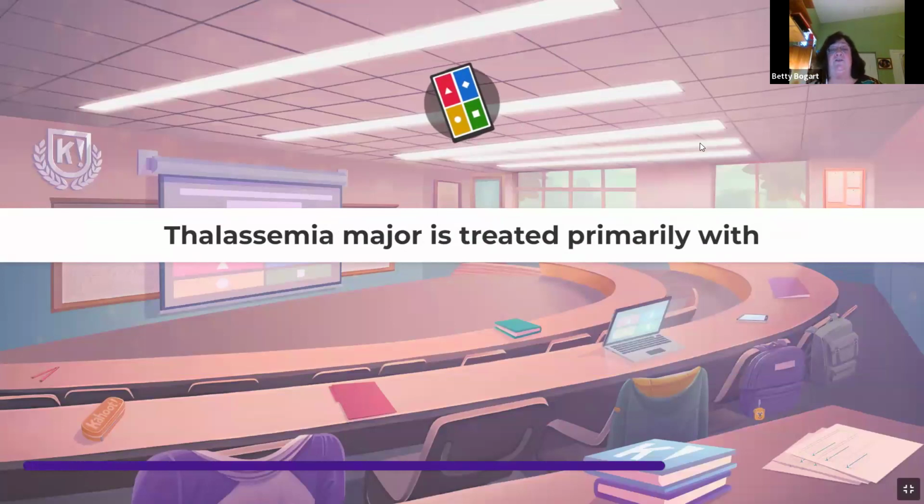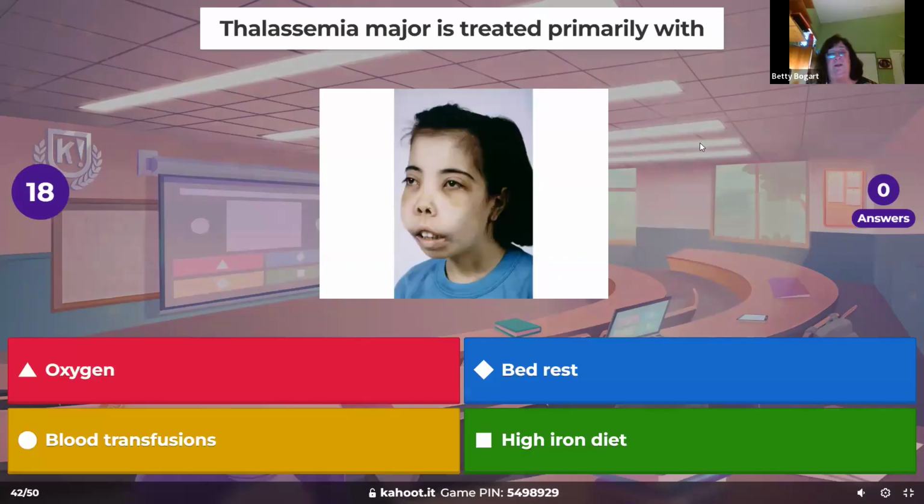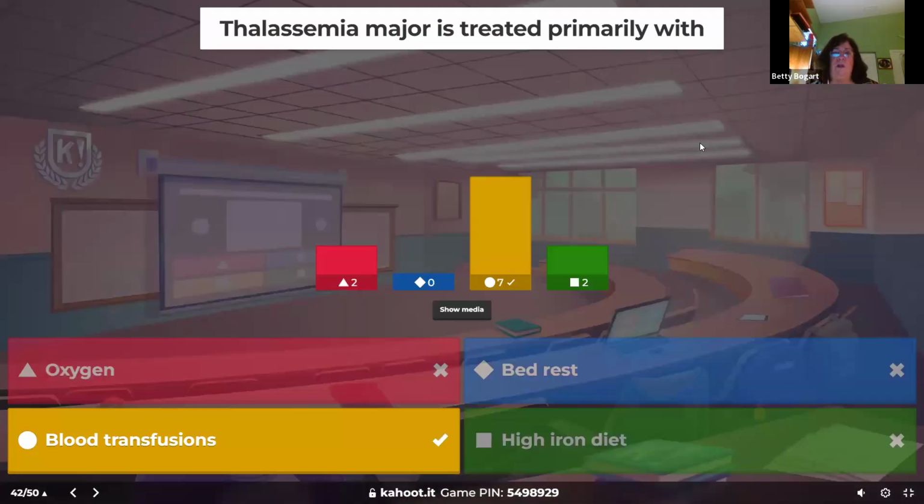Thalassemia major is treated primarily with this, Cooley's anemia. And you do have some weird shaping that goes on with it also. This is when you have those rectangle cells and they burst. They have a very short life.